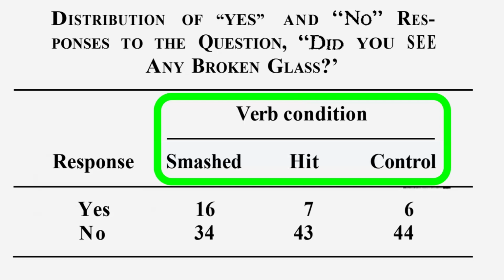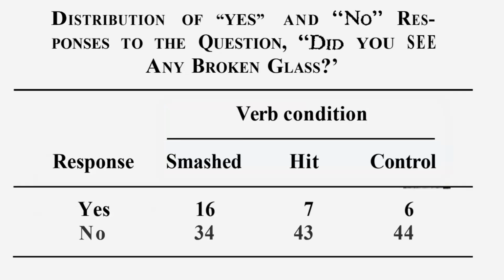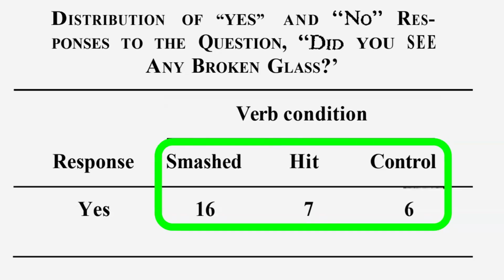So what we want to do is see what distribution this variable takes. To simplify this, we're going to focus only on the yes responses. We don't want to introduce 2 categorical variables right now. So we're just going to focus on the one, the verb condition.